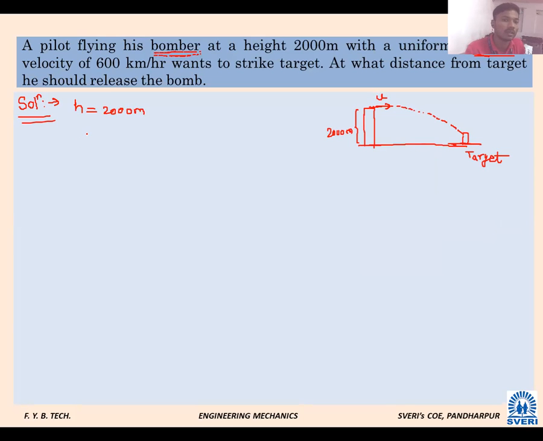2000 meter. At what initial velocity u is the aeroplane moving right now? Velocity 600 kilometer per hour. Is it necessary to convert this? In which unit should we convert, because height is given in meter and velocity in kilometer per hour? What will be our multiplication factor? Kilometer per hour to meter per second, so 18/5 or 5/18?